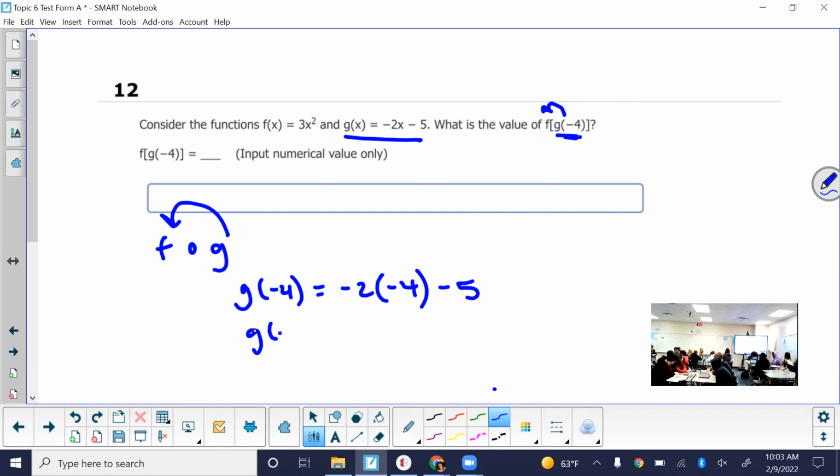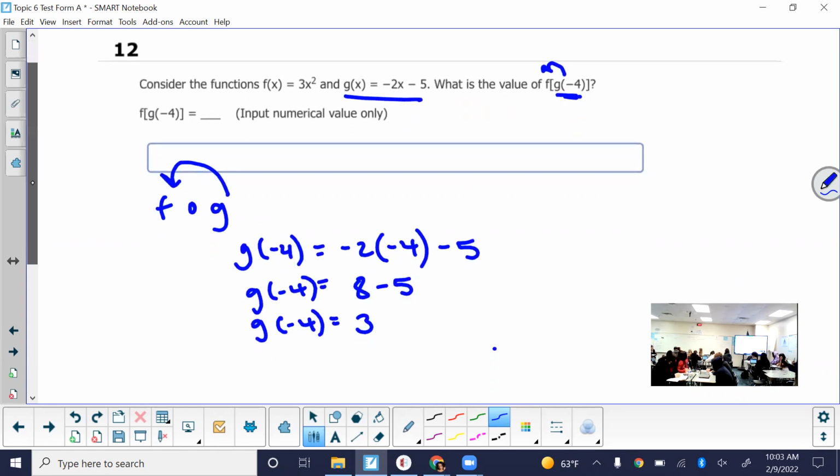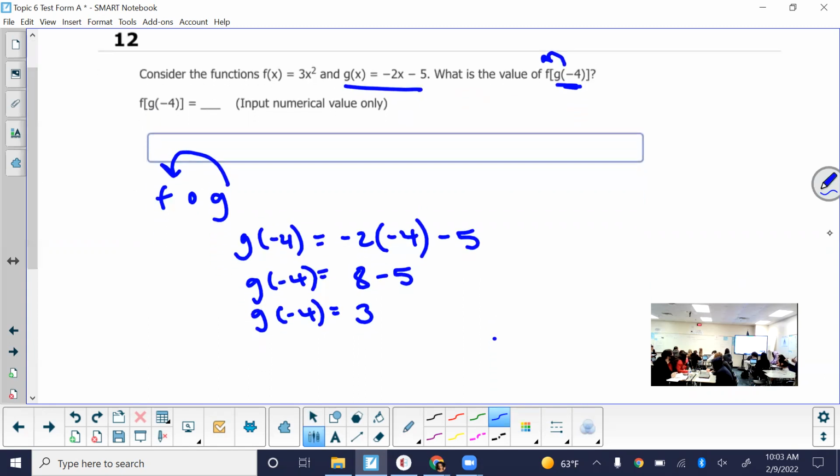So simplify it. What is -2 times -4? +8 and then minus 5. 3. So then we have this 3 being plugged into the f function. So then I'll write the f function over here under the f.